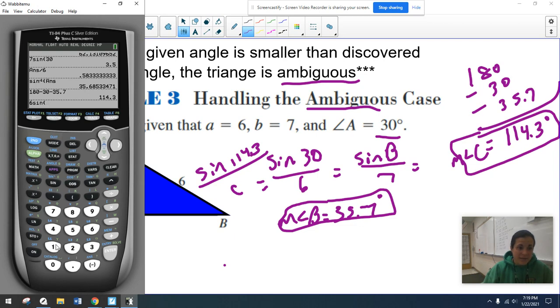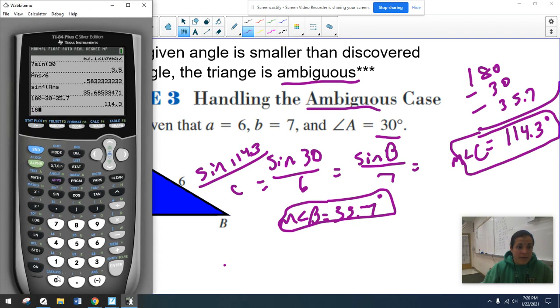What I would normally do is take the 180, minus the 30, and then minus this to get an accurate answer. So now I'm going to do the 6 times the sine of that, so that I can be more accurate. And then I'm going to divide it by the sine of 30. So that is going to give me about, for little c, 10.9.